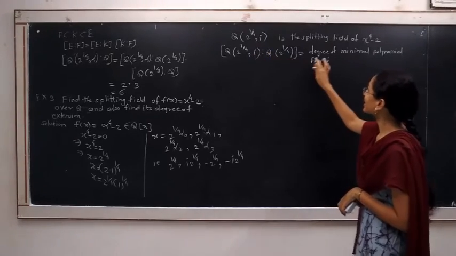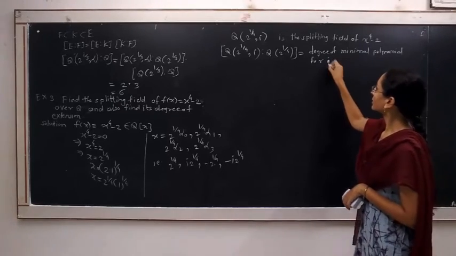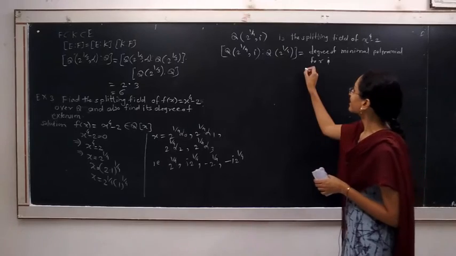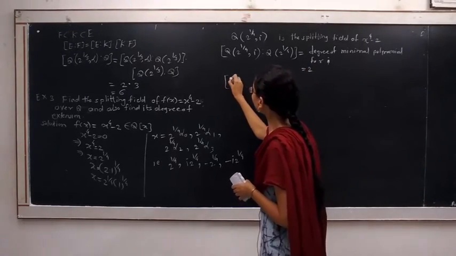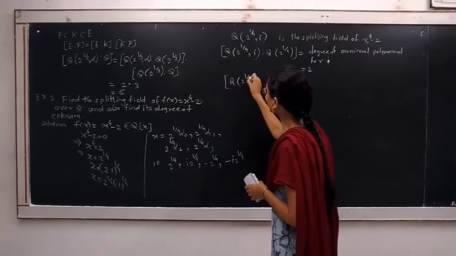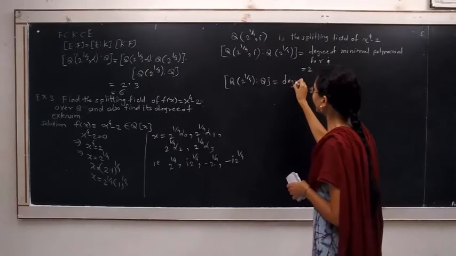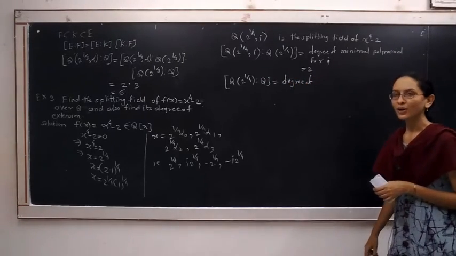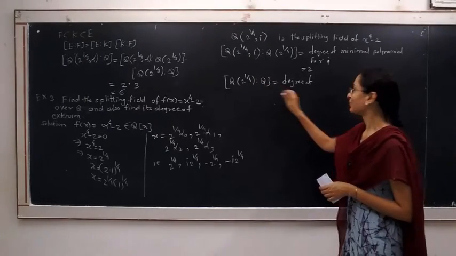Therefore this degree is the degree of the minimal polynomial for i, which is 2. The minimal polynomial for i is x square plus 1 and its degree is 2. Also the degree of extension of Q joining 2 raised to 1 by 4 over Q is equal to the degree of the minimal polynomial, or the degree of the algebraic element 2 raised to 1 by 4 over Q.